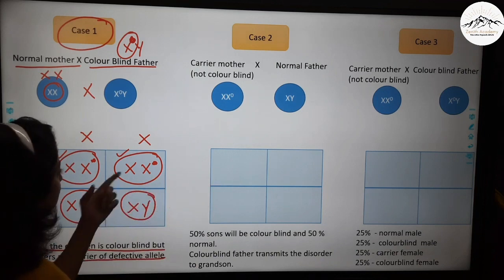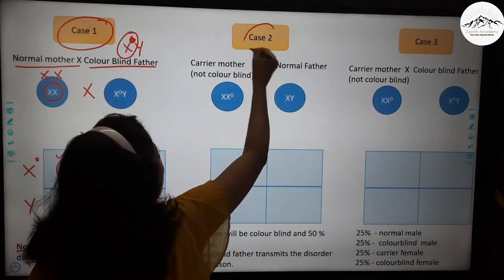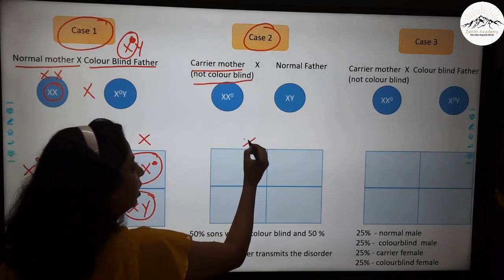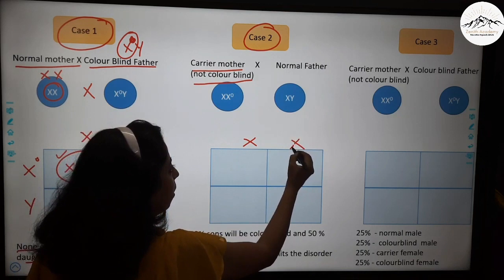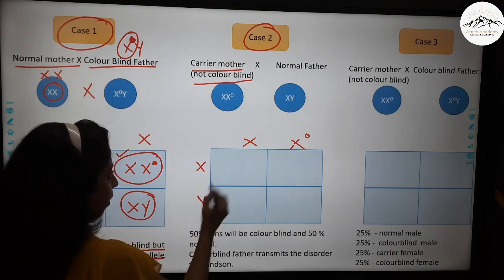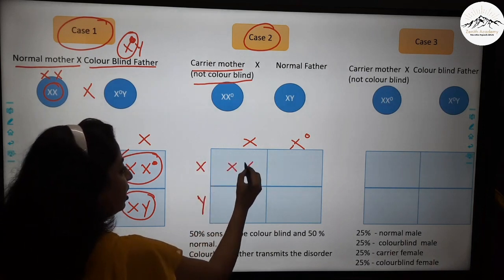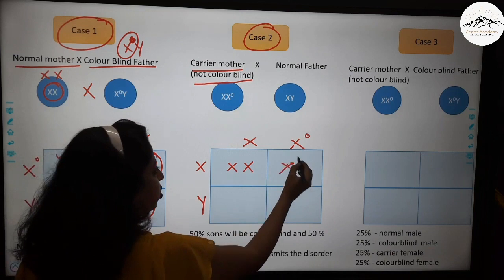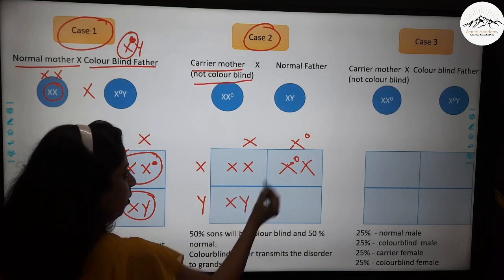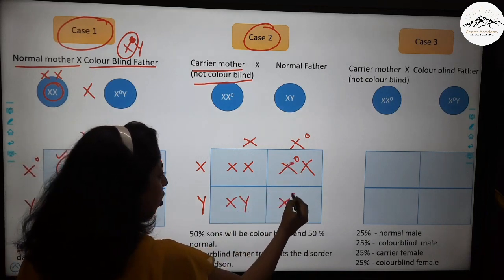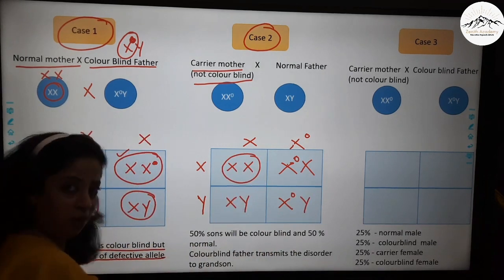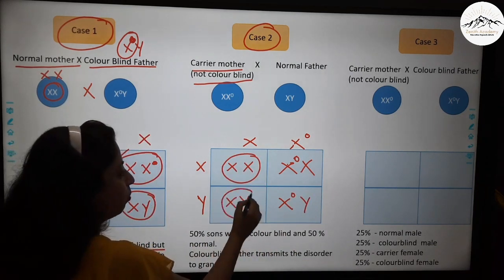Now let's go ahead. In case 2, what we have done is we have taken this carrier mother who is not color blind. So we have taken X naught here, and again the normal father X and Y. Okay, so here we will get XX, here we will get X naught X, here we will get XY, and here we will get X naught Y. Now children, this is a normal female and this is a normal male.